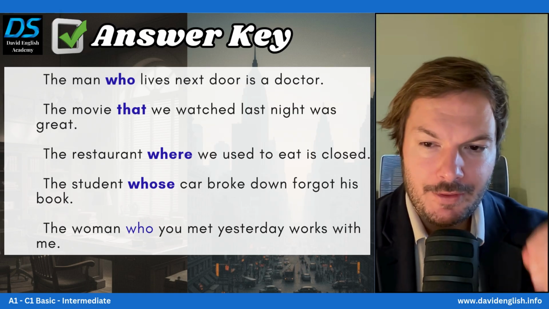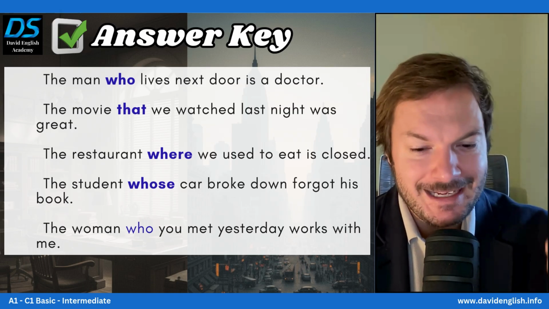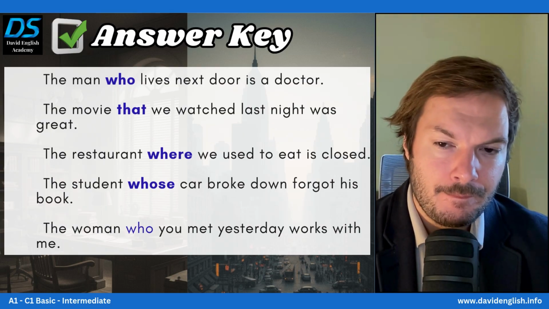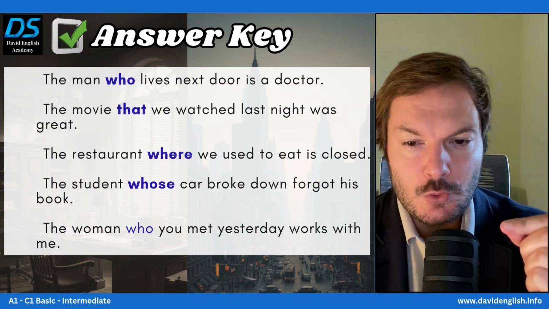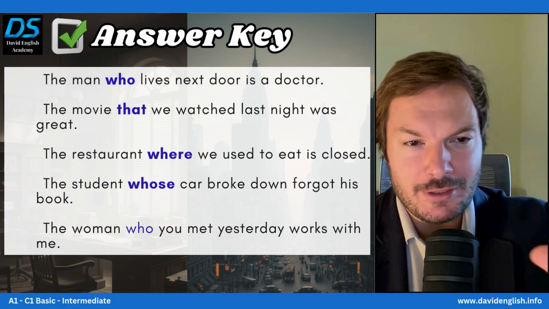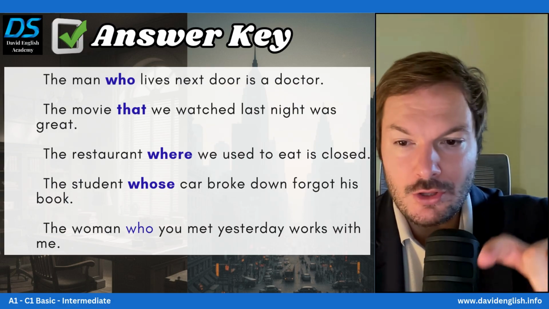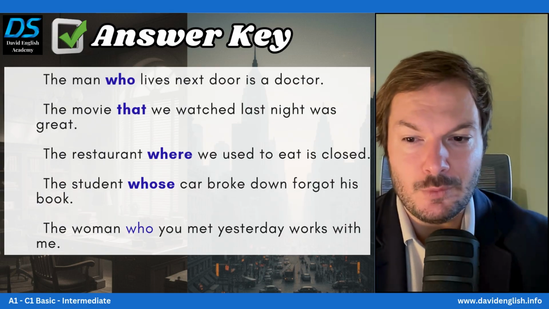Number 4, the student whose car broke down forgot his book. And number 5, the woman who you met yesterday works with me. So we're saying the woman who you met yesterday works with me.